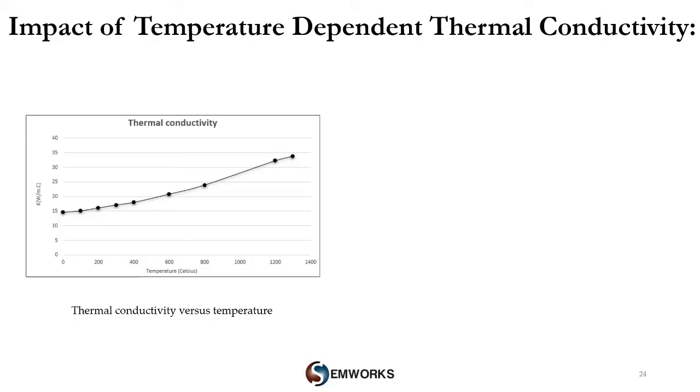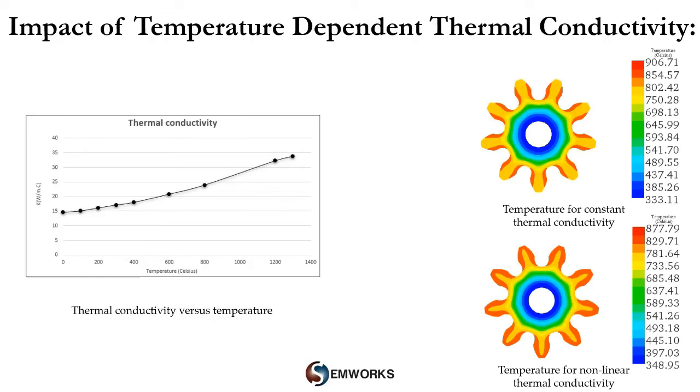For our case, we use a temperature-dependent thermal conductivity of the heated gear, and we found that the heating profile of the heated gear is more accurate and realistic, as you can see from the second figure, compared to the case of constant thermal conductivity. Now we got a well uniform heating profile.